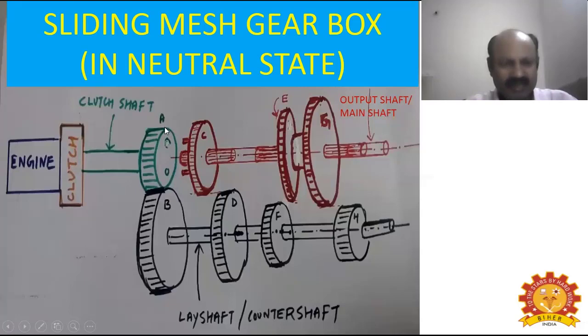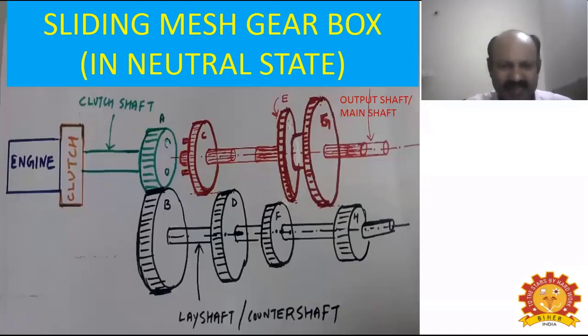Here, only the clutch shaft gear A is rotating. Since gear A is in mesh with gear B, B starts rotating, and the D, F, H gears, which are permanently fixed to the lay shaft, also rotate. But the gears D, F and H are not in mesh with any of the gears available on the output shaft at present, because this diagram is shown in the neutral state.